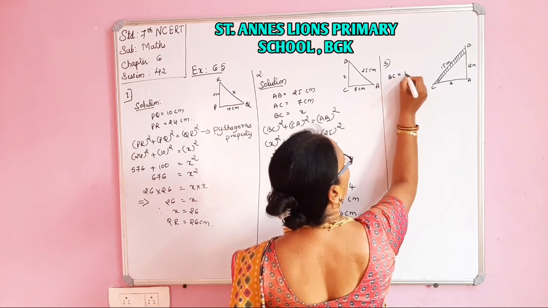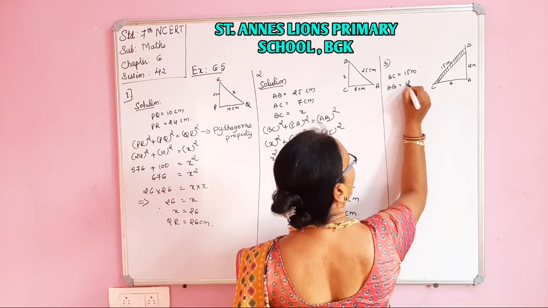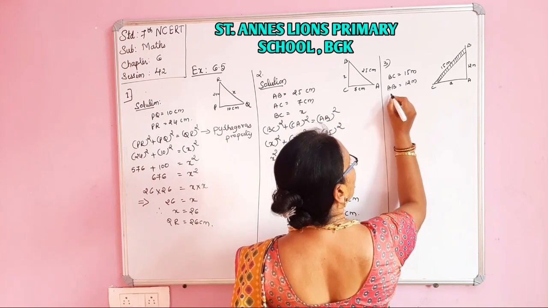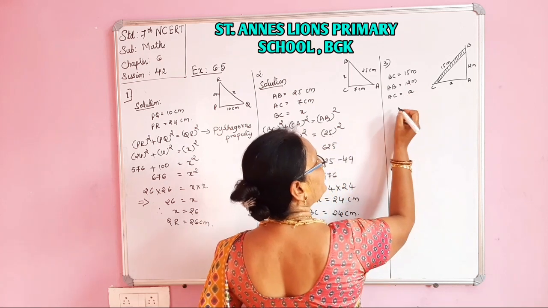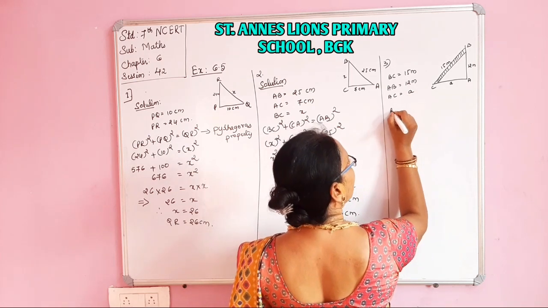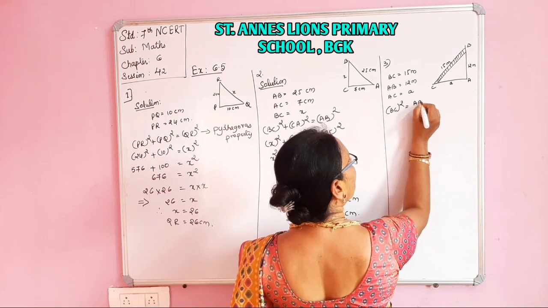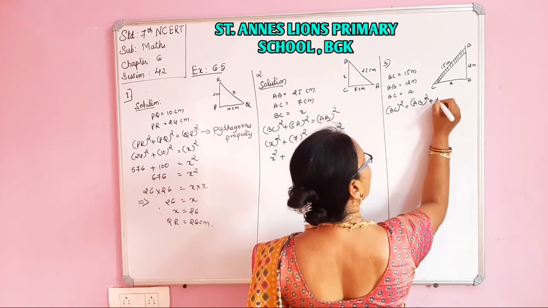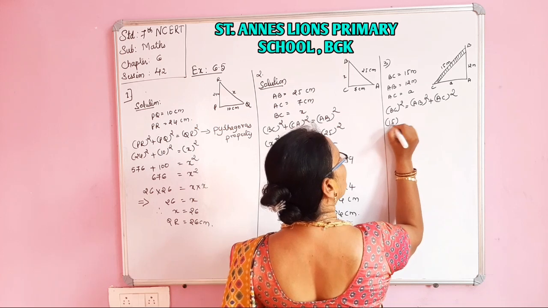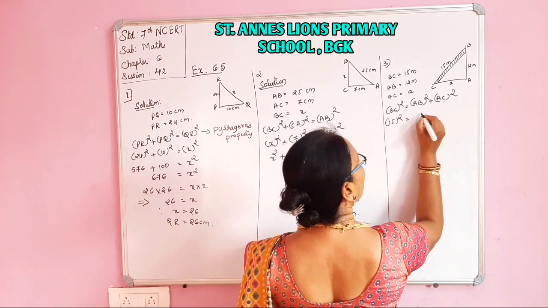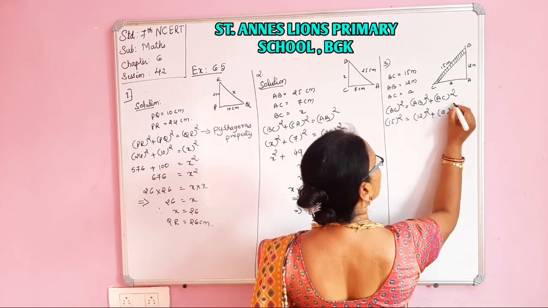BC is equal to 15 meter, AB is equal to 12 meter, and then AC or CA is equal to A. So as per the Pythagoras property, BC square is equal to AB square plus AC square. What is BC here? 15 square is equal to AB, which is 12 square, plus AC, which is A square.